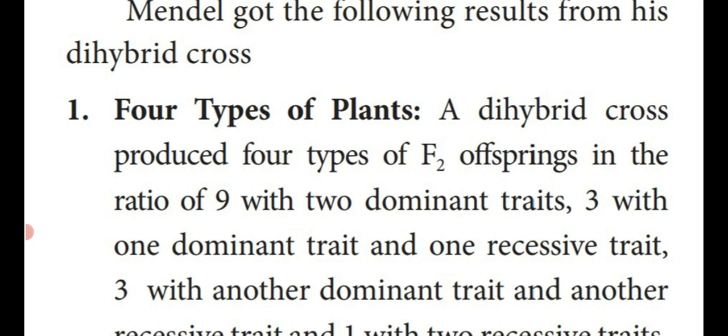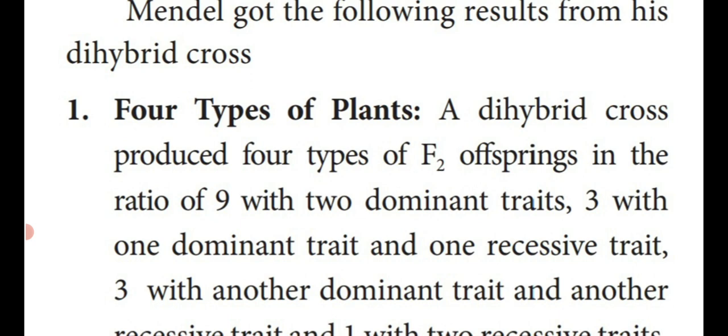That is the 4 types. In the ratio, 9 with 2 dominant traits, 3 with 1 dominant trait. That means 9 with 2 dominant traits, capital R with capital Y. That is known as, what is that one? 2 dominant traits. Both of them dominant, isn't it?